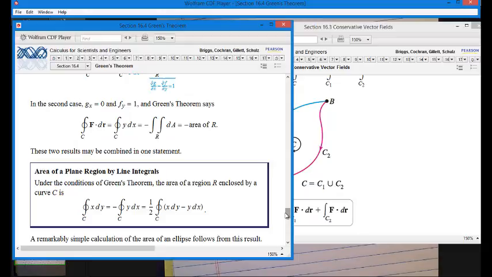The area of a region enclosed by a curve is given by these different expressions. You can take the line integral of x dy, the line integral of y dx, or you can take an average in a sense.